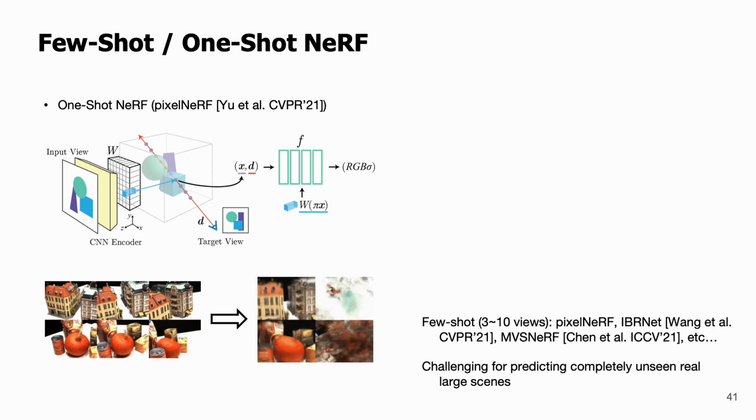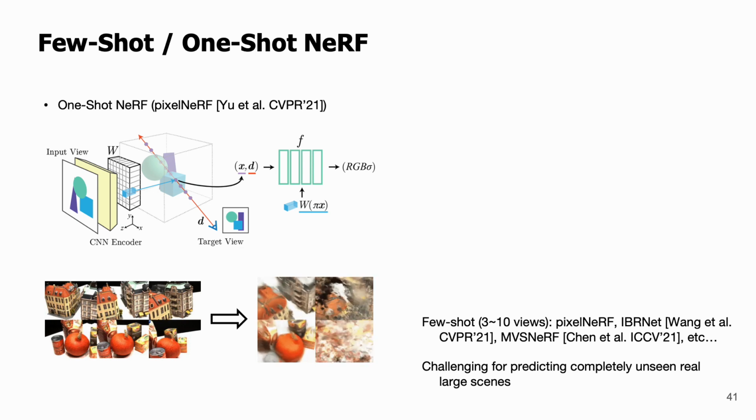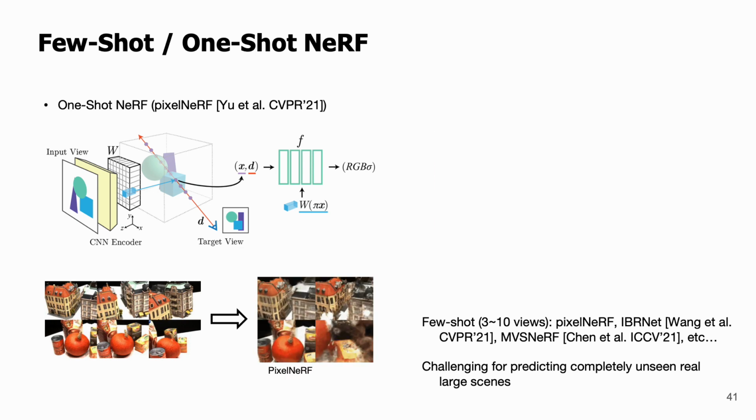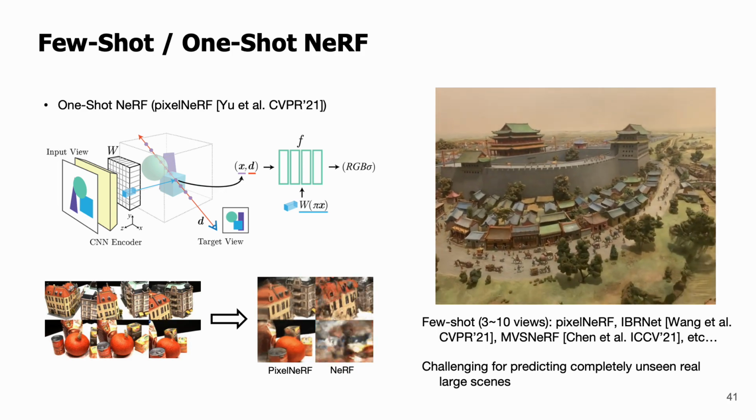So PixelNeRF achieves one-shot single view reconstruction even without any test time optimization. The key idea is to utilize image features as NeRF input with a large dataset. It enables few-shot cases, and other papers such as IBRNet or MVSNeRF achieve few-shot inference as well. The right figure shows the results of IBRNet.